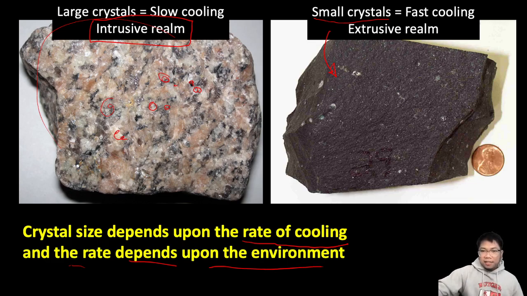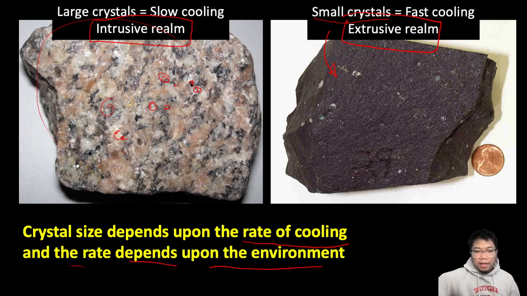And these processes happen only above the surface of the earth or within the extrusive realm of igneous activity. And it makes sense, right? Whenever you have lava on the surface, it cools very rapidly because the Earth's surface is pretty cold compared to the place where the magma comes from.